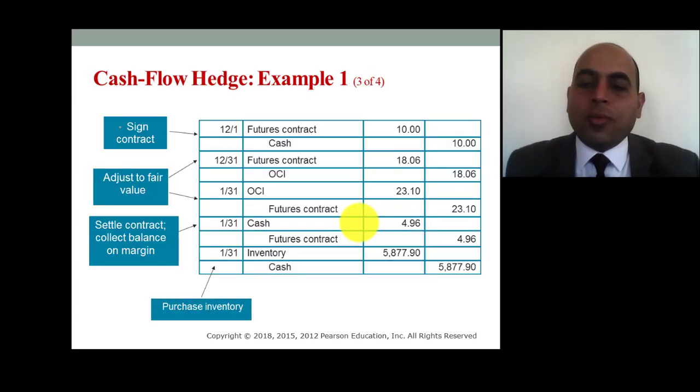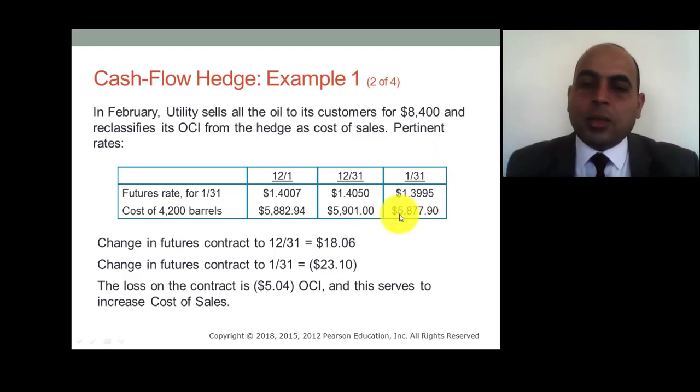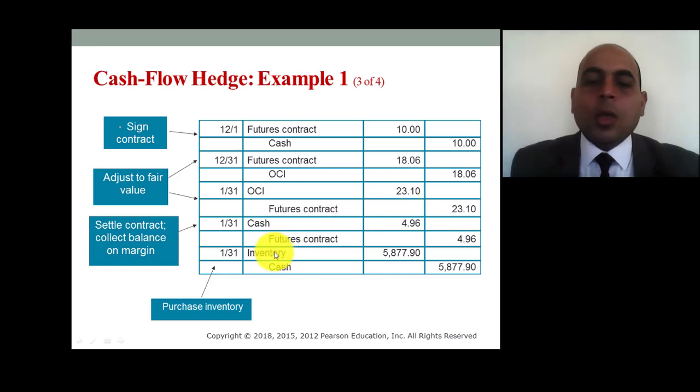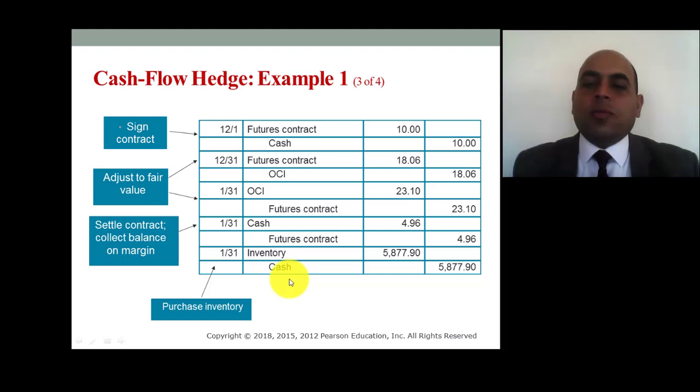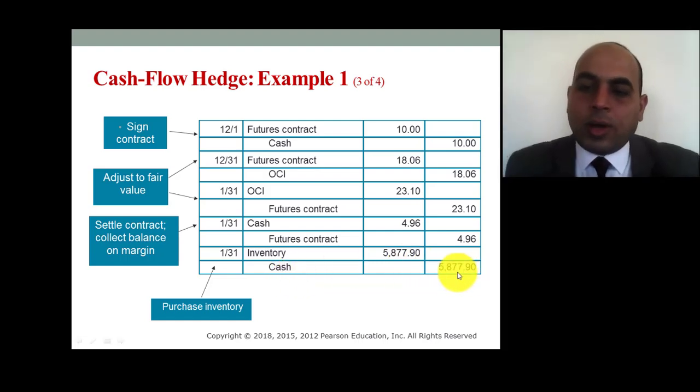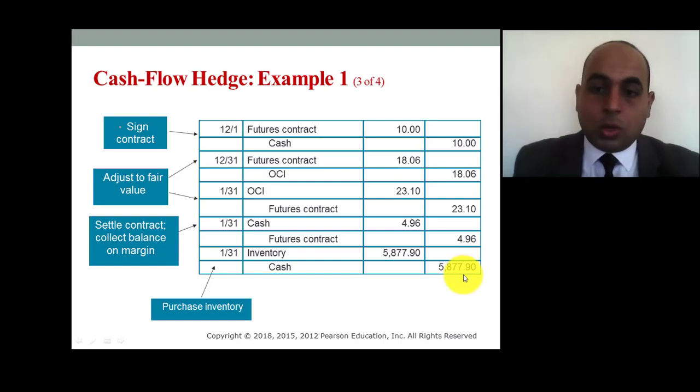So the value of the delivered goods on the date of settlement, 5,877, will be debited, and in cash we will pay the cost of this inventory that we received, 5,877.9. Okay, but be careful here.